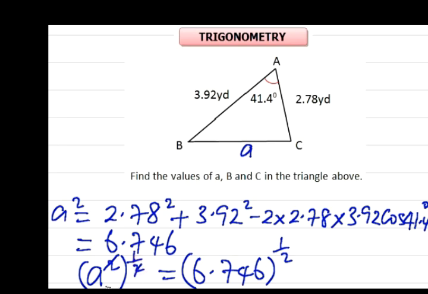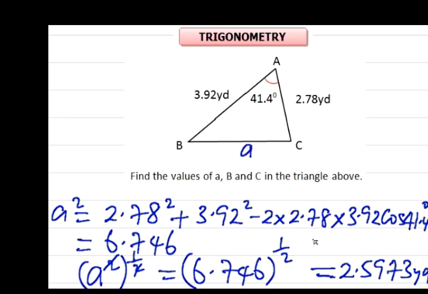So our A will be the square root of this, which should be equal to, let's put the square root there. That will give us 2.5973 yards. Now you see that our units are to two decimal places.